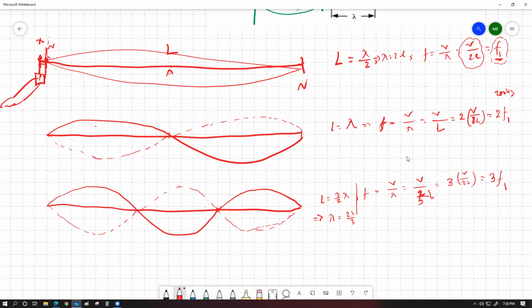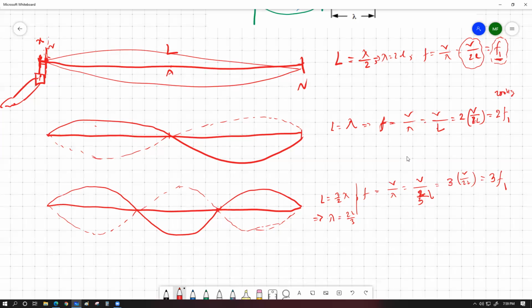So this wire, for a certain tension and a fixed thickness, made from a specific material, if you want to achieve different frequencies of stationary waves, we cannot do that for all possible frequencies that we can think about. This wire is going to give us stationary waves only for some very specific frequency values.